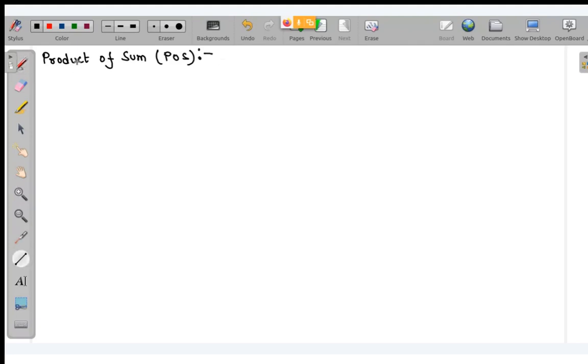In product of sum, basically we have sum terms, and those sum terms are in product form. If I want to write one POS form, if it is a 3 variable POS, it can be like this.